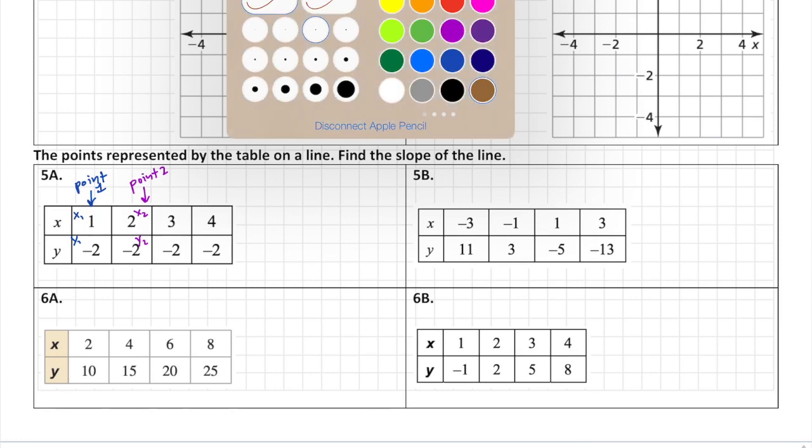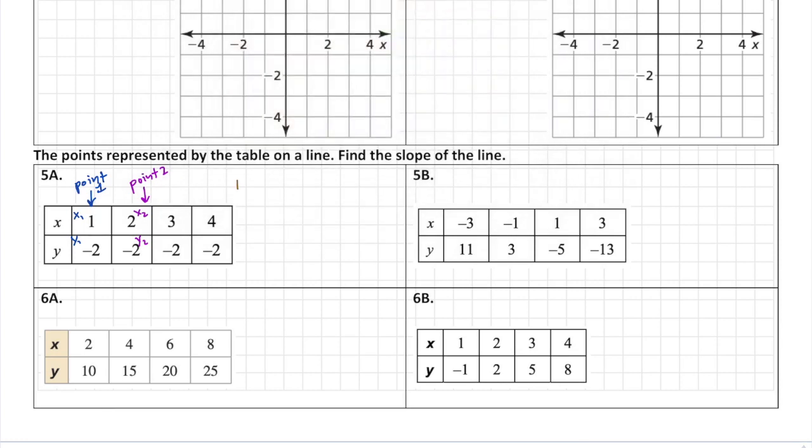Now remember, the equation for slope is m is equal to rise over run, so I have to do y's over x's, y2 minus y1 over x2 minus x1.